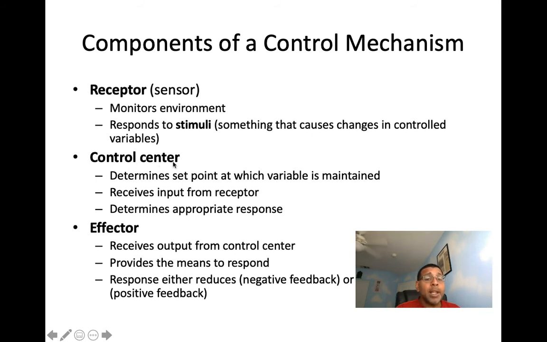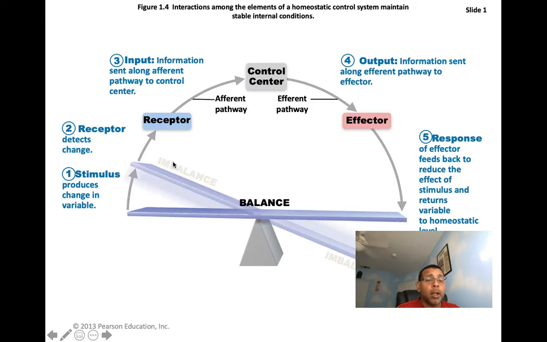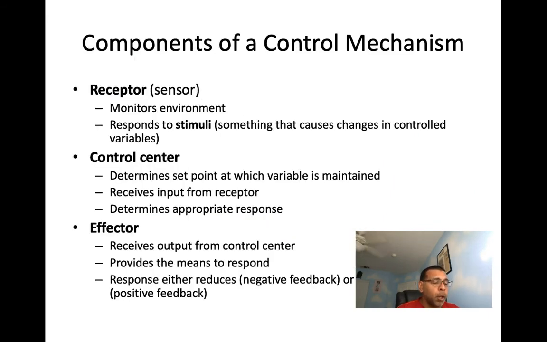This information is going to flow along the afferent pathway from the receptor to the control center. Afferent, you can think of as approaches the control center.